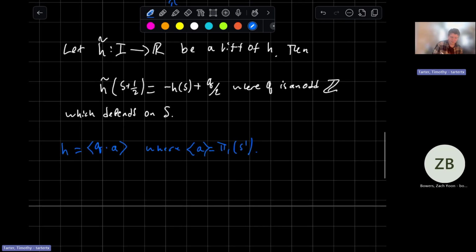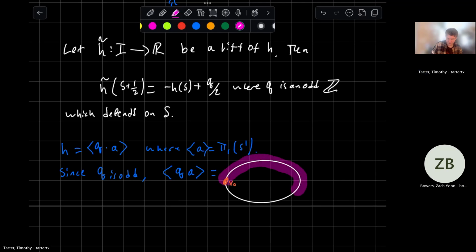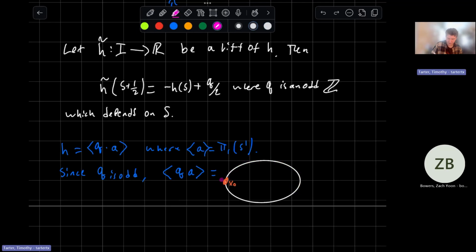And then since Q is odd, QA looks basically like, if we fix our base point here, this is X naught, then it goes around like, okay, that's not as obvious as I wanted it to be.